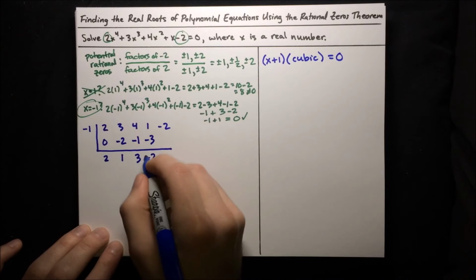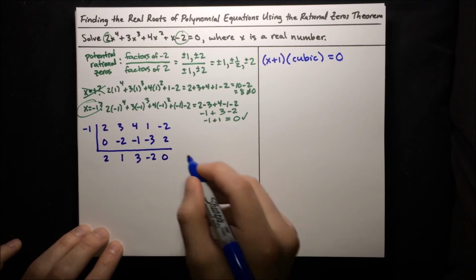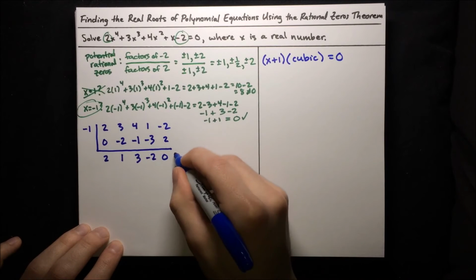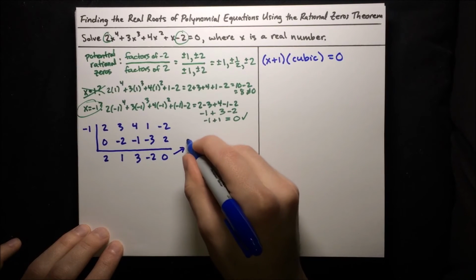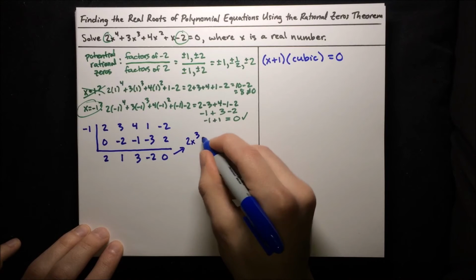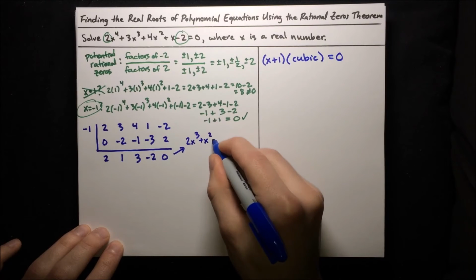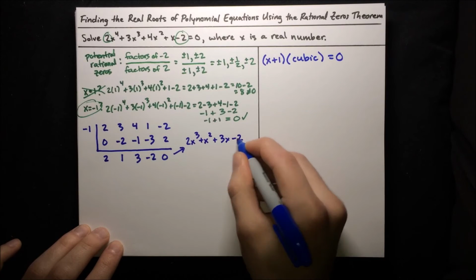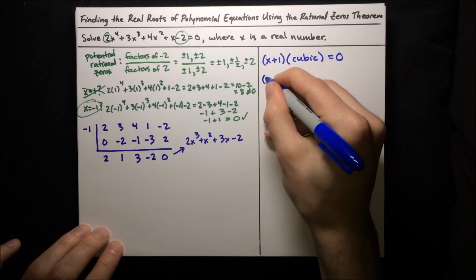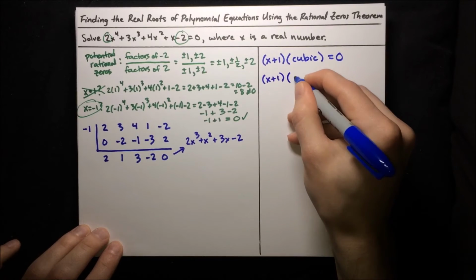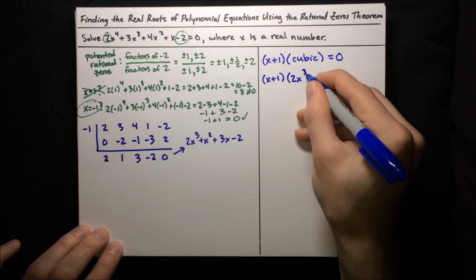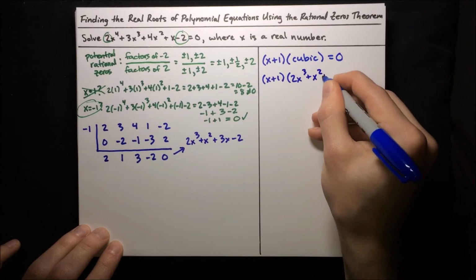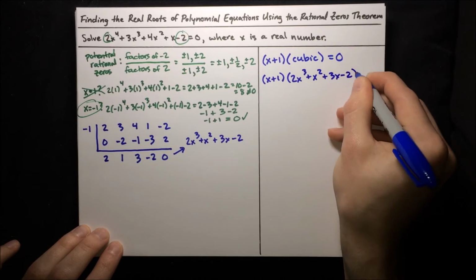Negative 2 times negative 1, positive 2, and 0. Okay, so that gives us the cubic, which is just 2x to the 3rd plus x squared plus 3x minus 2. So let's write that in here. So x plus 1 times the cubic, 2x to the 3rd plus x squared plus 3x minus 2, is equal to 0.